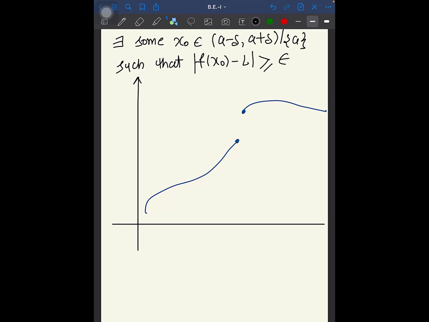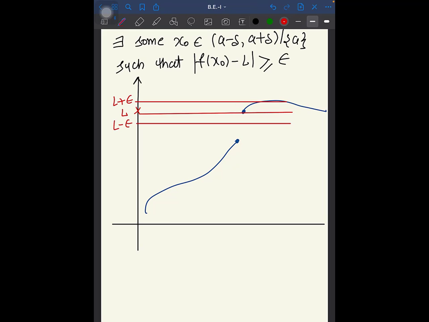Even if you take the limit over here, even then it will not work. If you say that this is the limit, and then you take L minus epsilon over here and L plus epsilon over here, even then there will not be any box so that the values will get mapped over here.